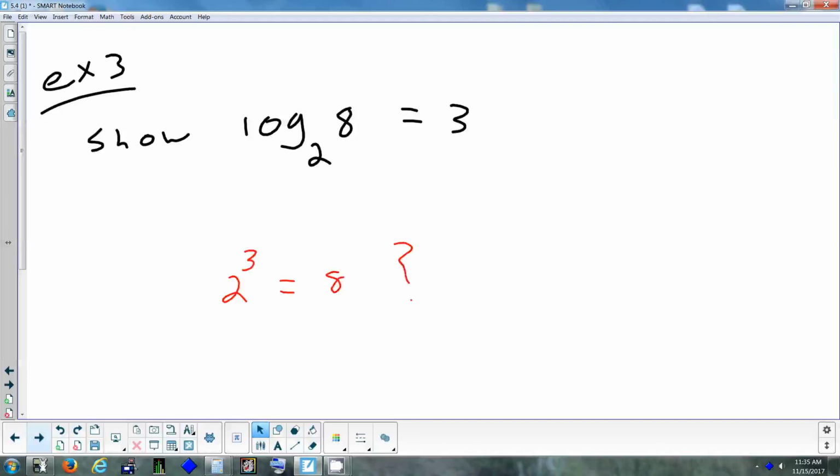Is 2 to the third power 8? 2 times 2 times 2 is. Yeah. That's true. So if that's true, then that means the original is true. By rewriting it in exponential form, we've shown that it's true. That's all you'd have to do.